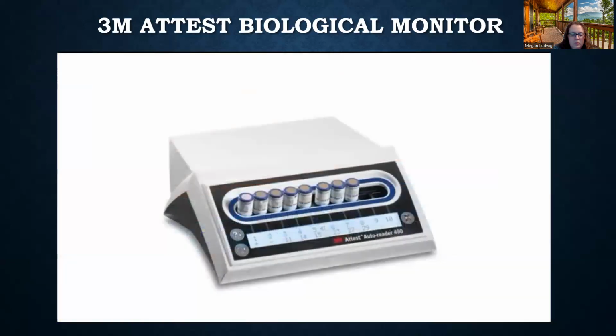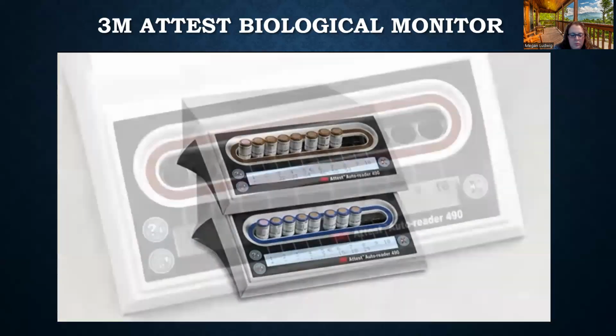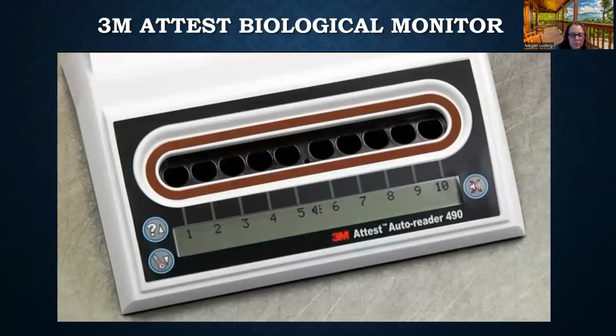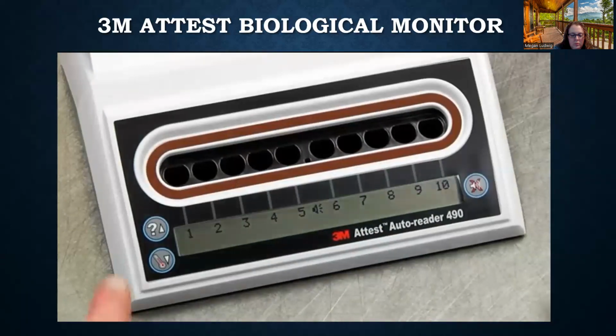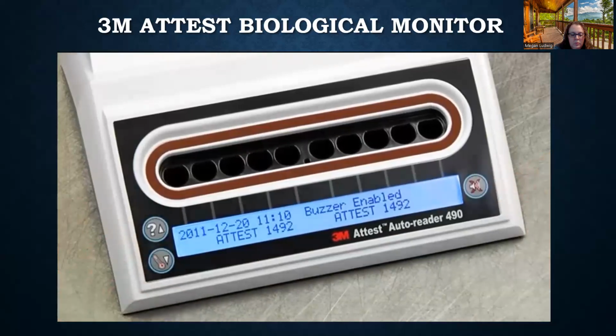To save counter space, auto readers can be stacked 2 units high. Before configuring the wells, make sure the Auto Reader 490 is empty. Press the info and alarm off buttons on the front of the unit simultaneously and hold for 3 seconds to enter the configuration mode.